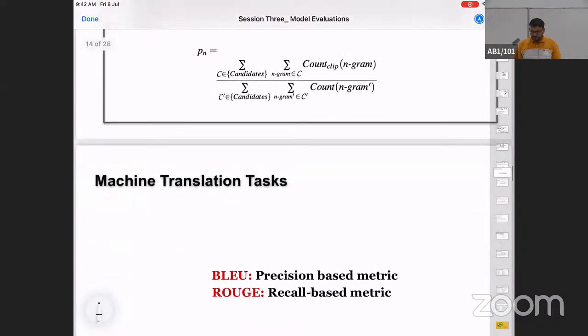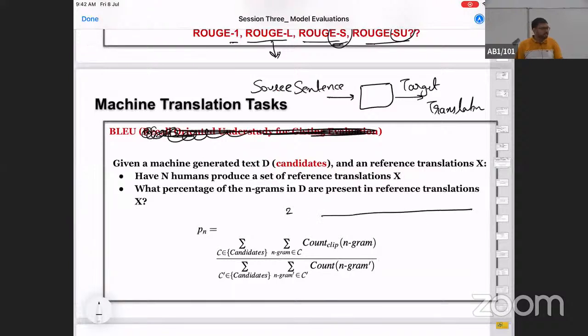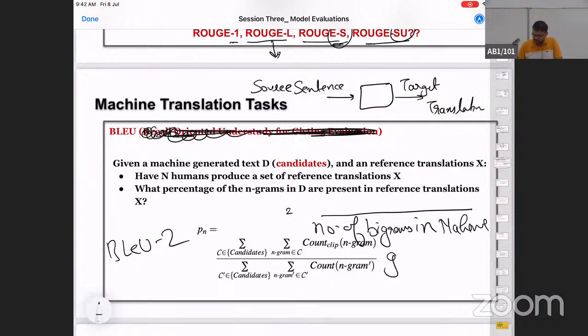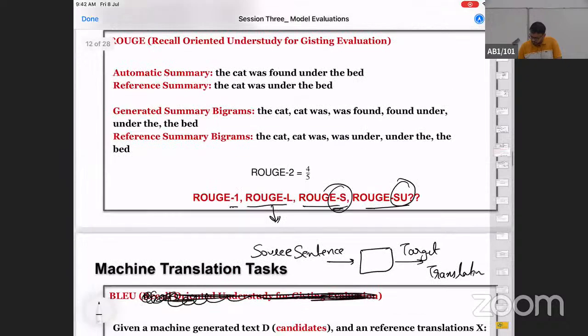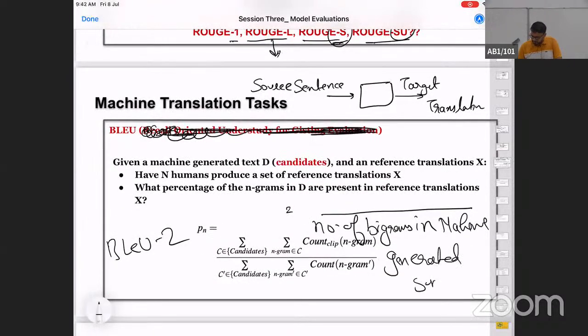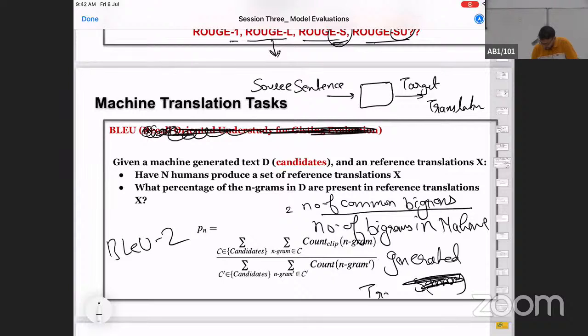And the idea is very simple. This time, in the denominator, suppose I'm talking about BLEU 2, you are going to have the number of bigrams in the machine generated translation, and in the numerator you have the number of common bigrams between the machine translation and the human translation.